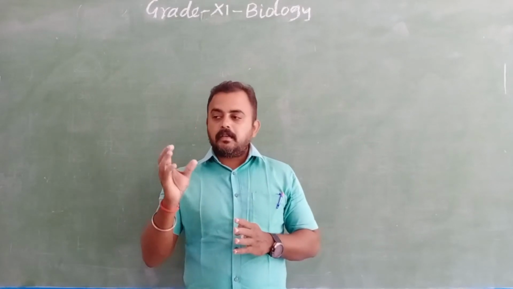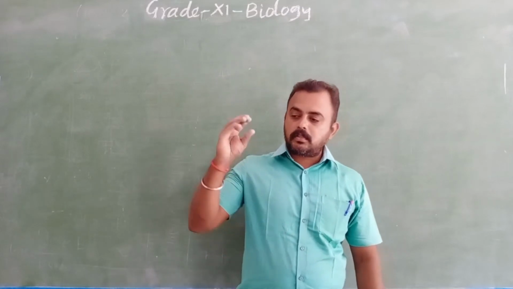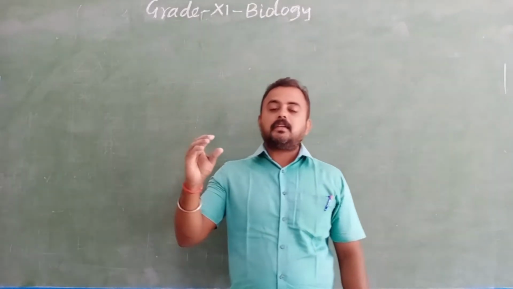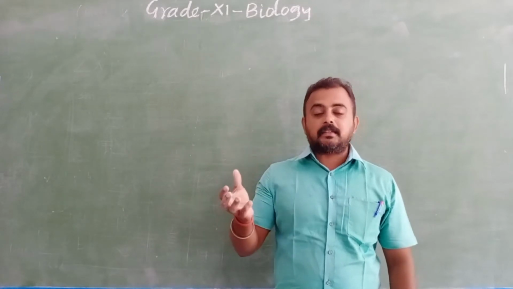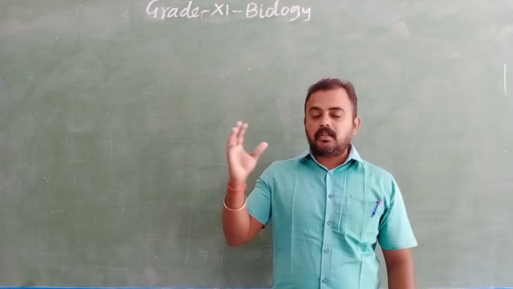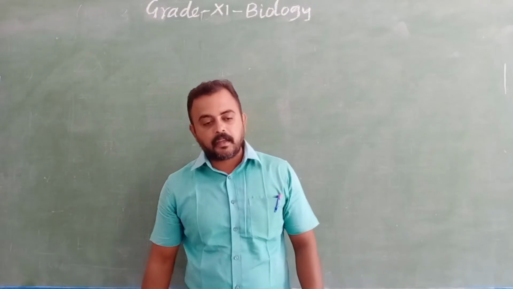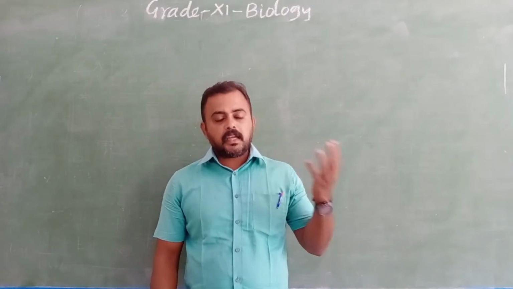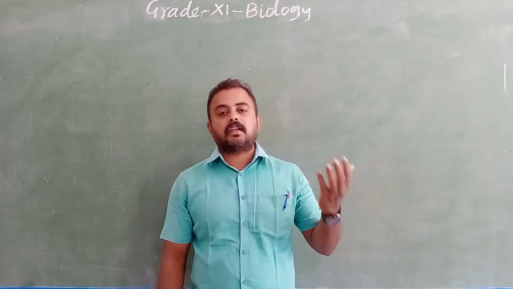The central nervous system consists of the brain and spinal cord, because the brain detects the impulses, reacts, and transmits the impulse. So it is the main part, that's why it is the central nervous system. Then we have the peripheral nervous system, which consists only of the nerves.